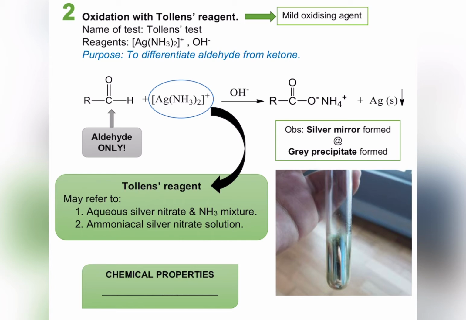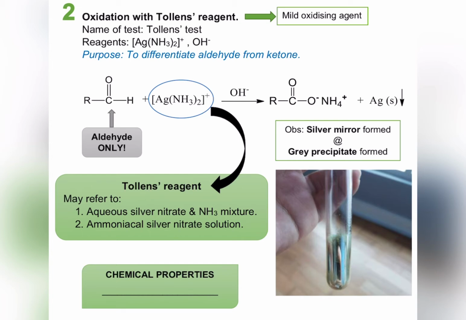Please make sure you check your spelling with a capital T, Tollens apostrophe test, with the apostrophe behind the letter S. And when you want to write the reagent in chemical formula, you have square bracket Ag in bracket NH3, close the bracket 2, and close the square bracket, with a positive charge, comma, OH minus. Please memorize this one because it is very helpful for you.